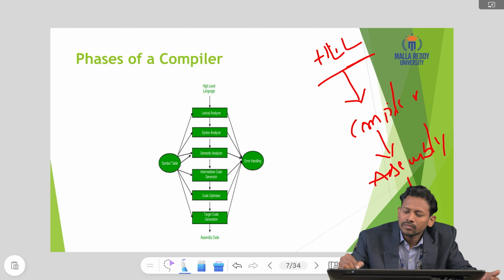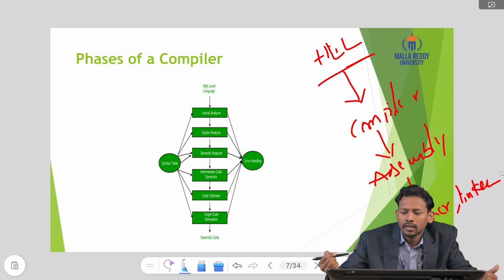Next, assemblers take that assembly language code, and loaders and linkers add the necessary files to run the program on the computer, like .dll files and .lib files.